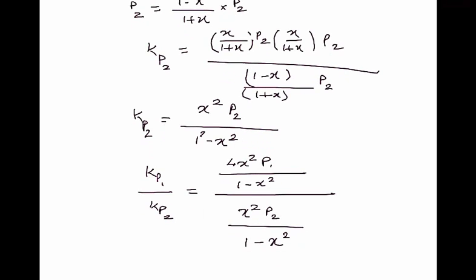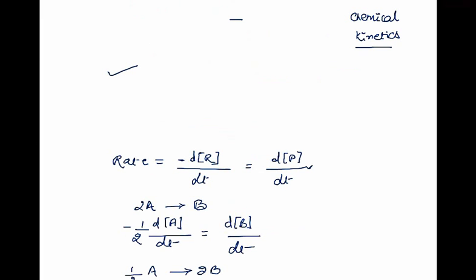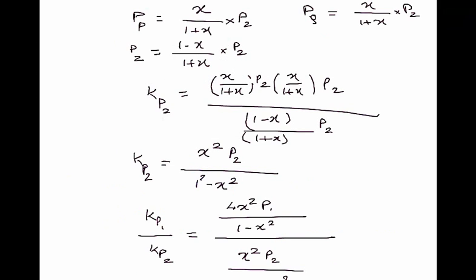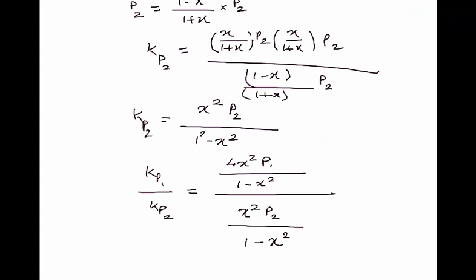And what is Kp2? It is x square P2 by 1 minus X square. So your Kp1 to Kp2 ratio is given as 1:9. So how can I solve this?